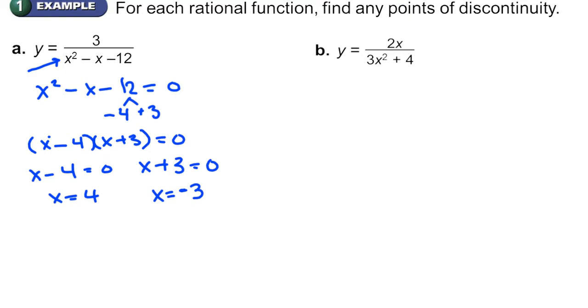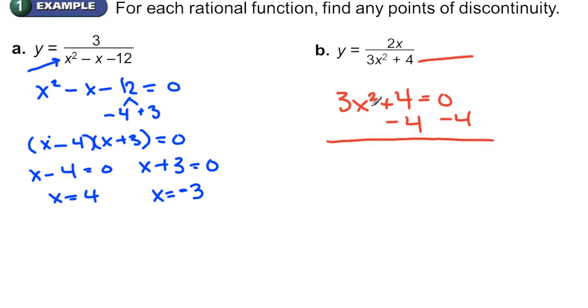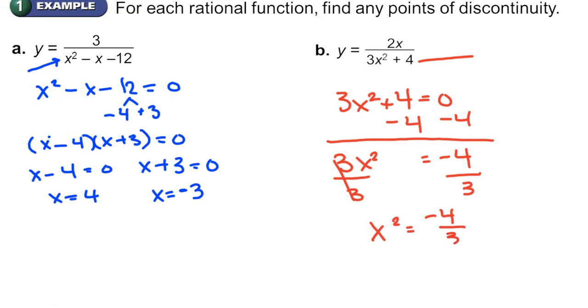Okay, now looking at B, we're going to look at this denominator. So we have 3x squared plus 4 equals 0. Subtract 4 from both sides, and now you have 3x squared equals negative 4. Divide both sides by 3, and now you have x squared is negative 4/3.